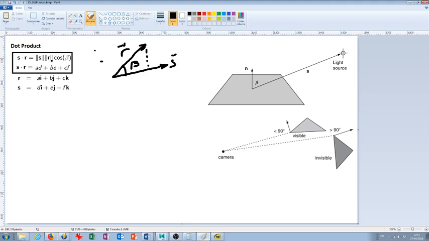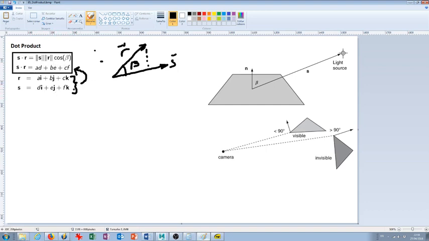So the dot product of S by R could be the length of S times the length of R times cos beta. But we can also work it from this definition and the components in the Cartesian axis. So this is the final formula for it, so we can simply multiply and add it component by component.